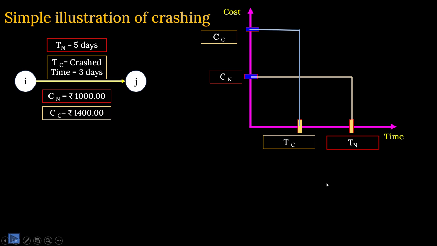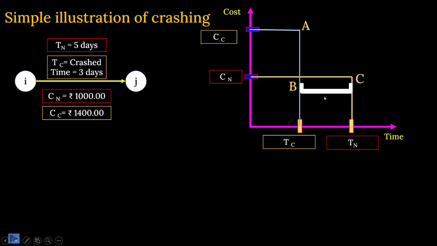So you can see a few things out here. One is that there is a point A, there is a point B, and there is a point C. Now look at these points. BC is the difference between normal time and the crash time.